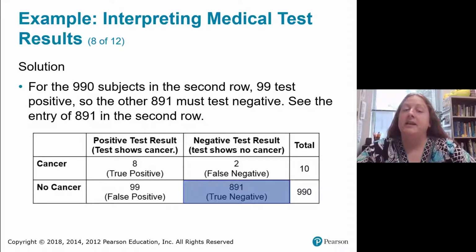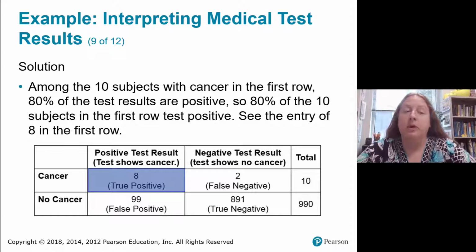Now, if 99 of those 990 subjects get a false positive, that means that 891 of them will get a negative, which is a true negative. So 99 plus 891 is 990. So that's how my entire bottom row has been constructed.